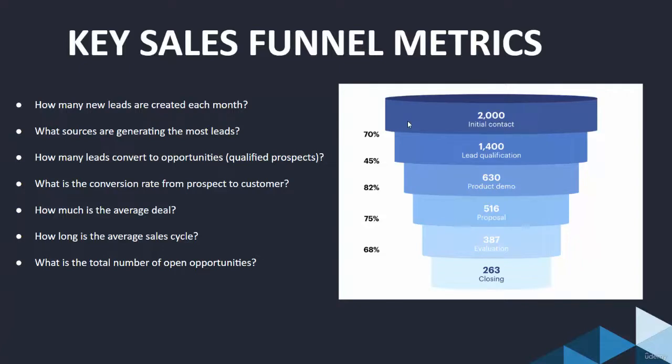So it's really important that we understand the numbers that are coming in at the top and then through each individual stage here. You'll notice that here at the very top we have 2,000, and then as everything moves down the line, our actual number of prospects gets smaller.